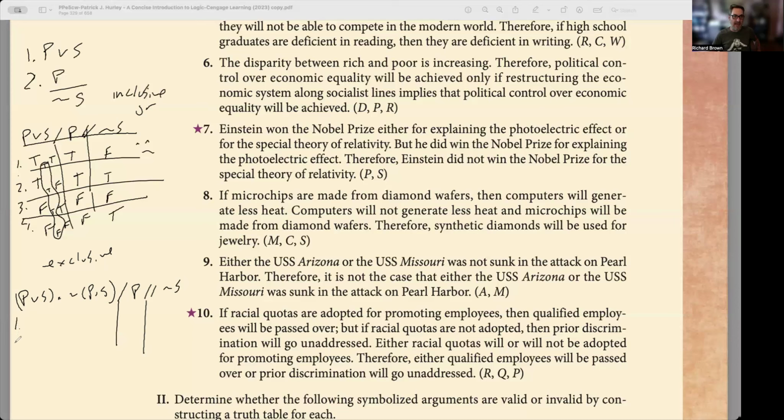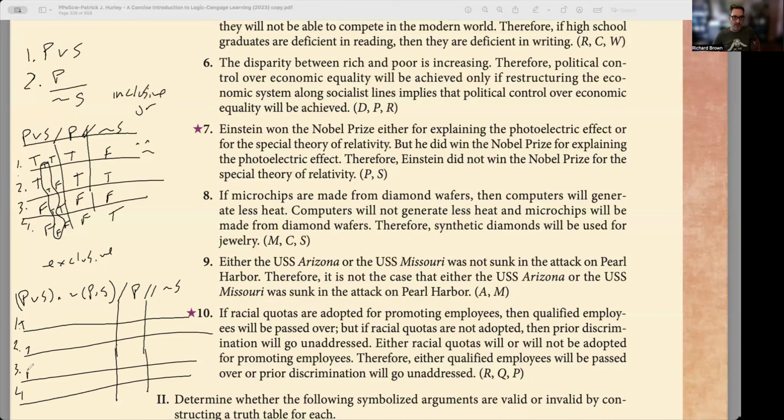We would still have our four conditions here. And drawing this out, there we go. Okay. So we would still write two trues and two falses under P, and we would still write alternating trues and falses under S here.